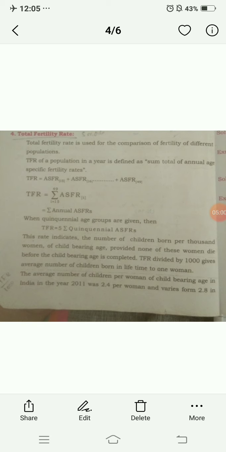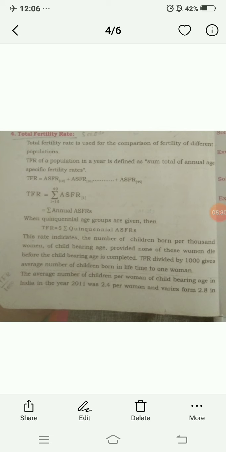ASFR is age specific fertility rate. Here we need to take the total sum of the ASFR, and by using the sum of ASFR we calculate the TFR. If we want to compare two or more localities, other measures of fertility do not help, so we measure two or more populations by using the TFR.